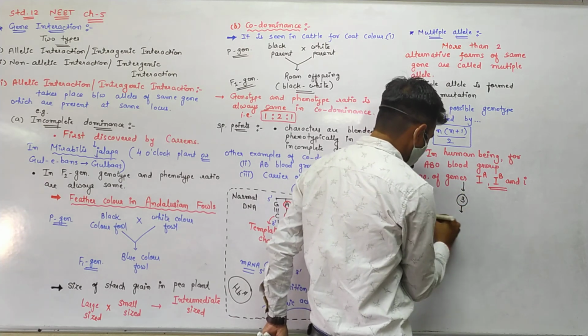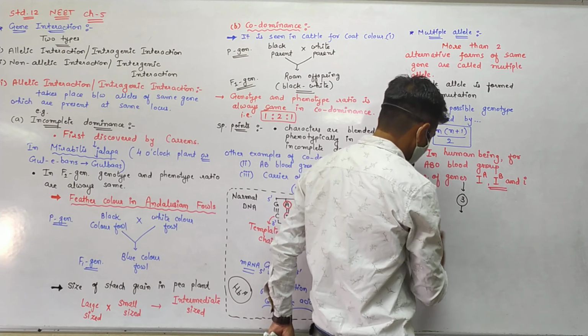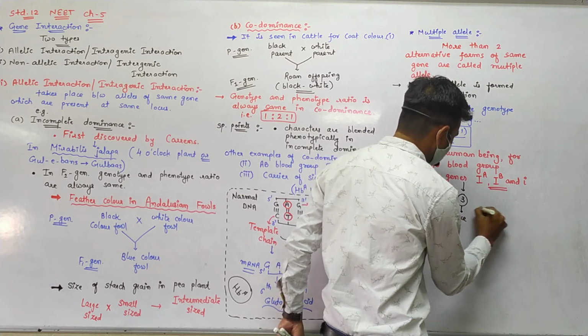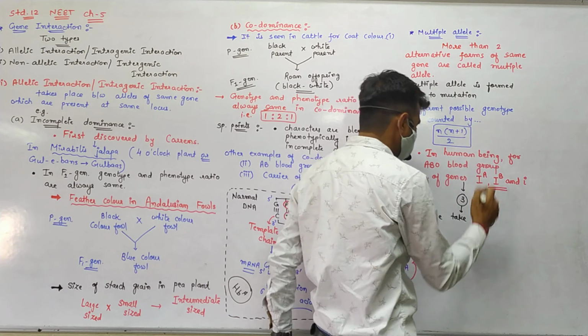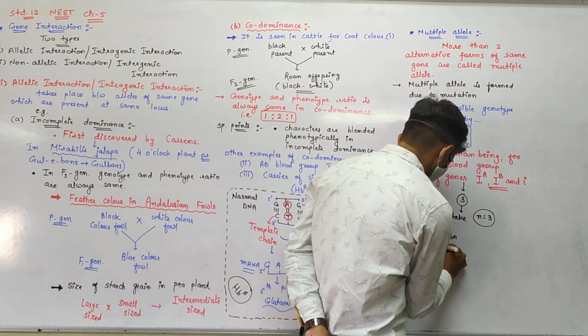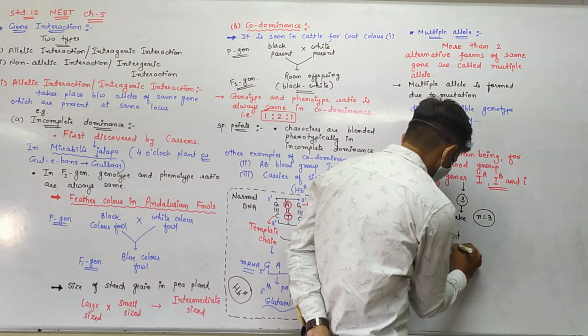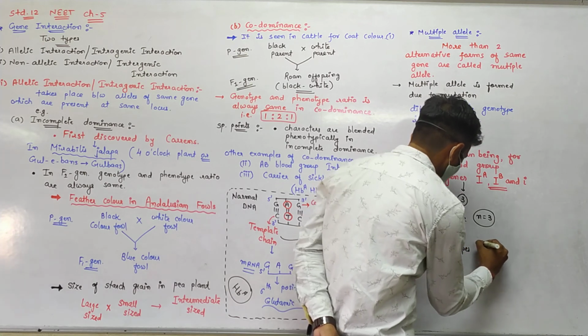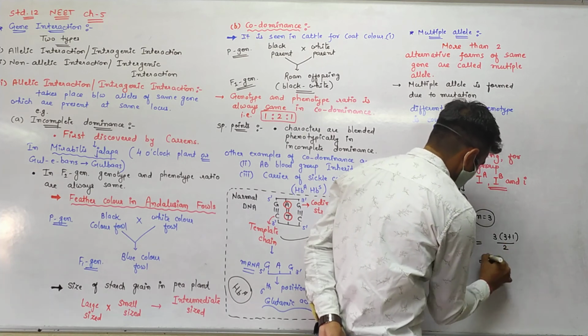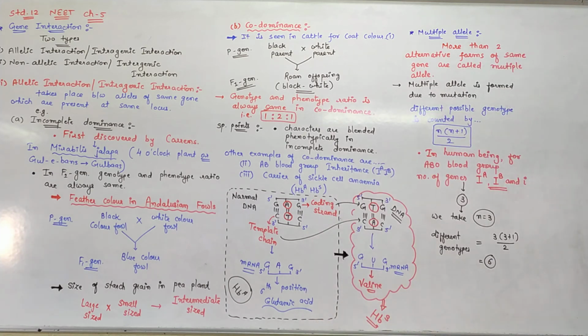So put the value n equal to 3 here. The different genotypes are 6. And which are the 6 different genotypes for the blood group?